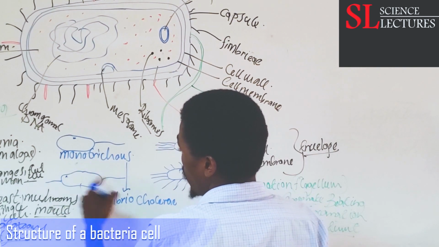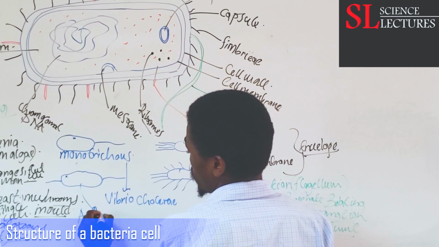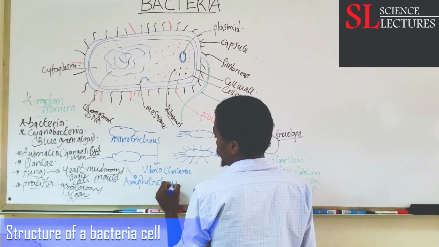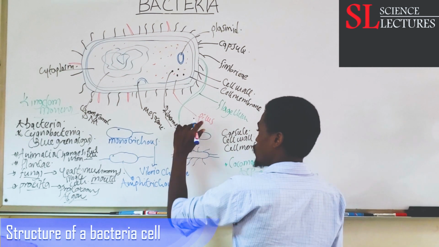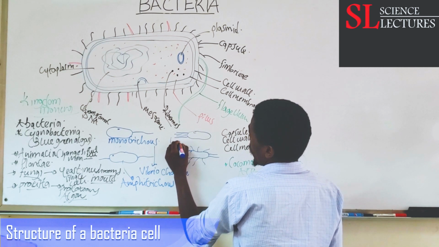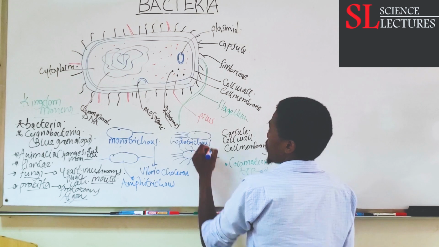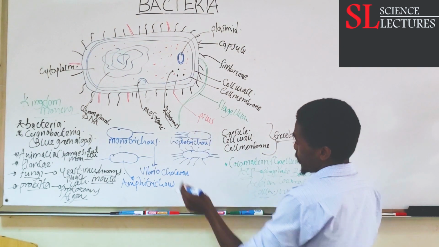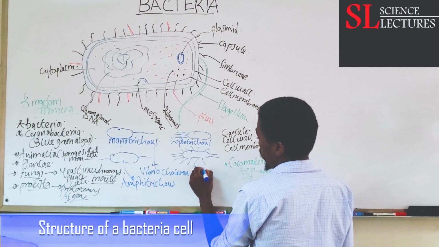Then if we have flagella on both sides of the bacteria, that is what we refer to as amphitrichous. Then if we have a tuft of flagella towards only one side, this is what we refer to as lophotrichous. Then if we have flagella surrounding the entire bacterial cell, this is what we refer to as peritrichous.